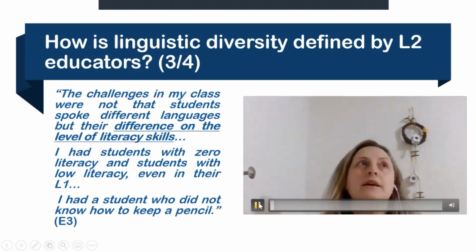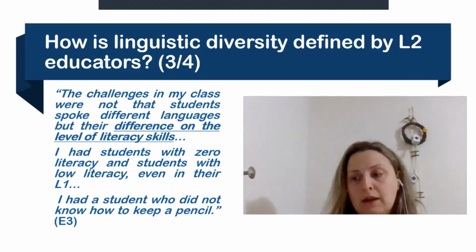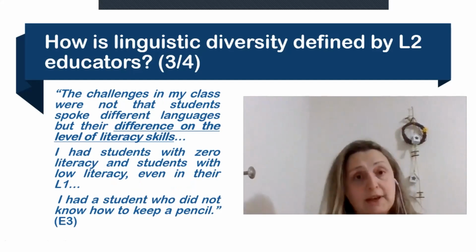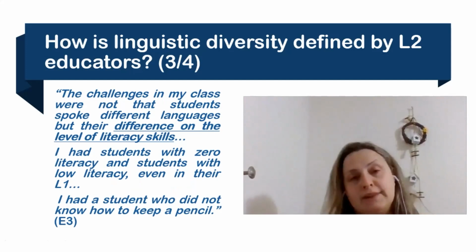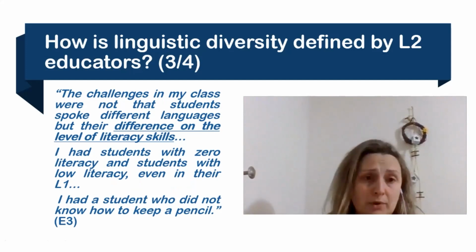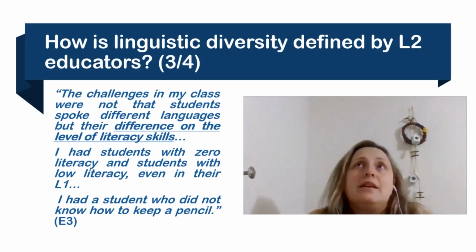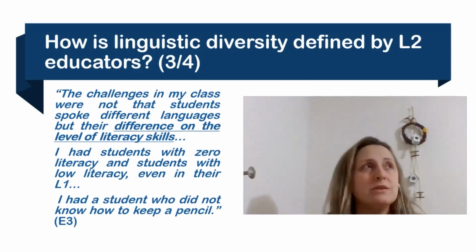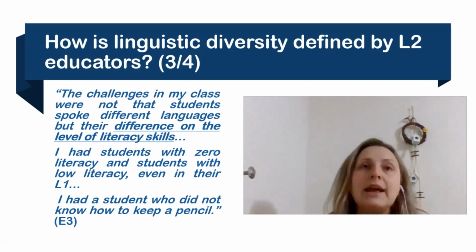I would say that there are two strong elements, the country of origin and the language, and then the level of literacy, because this is very important. The challenge in my classes was not the different languages or the dialects, but mostly the level of literacy.